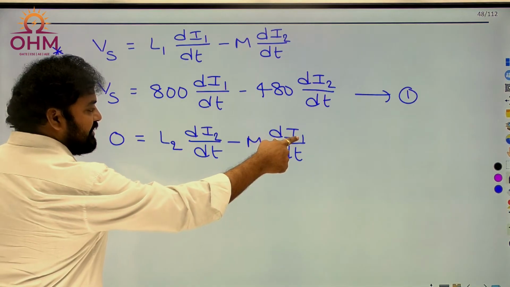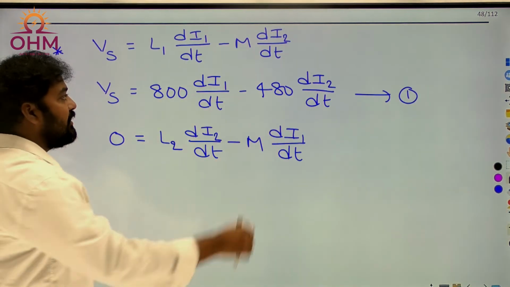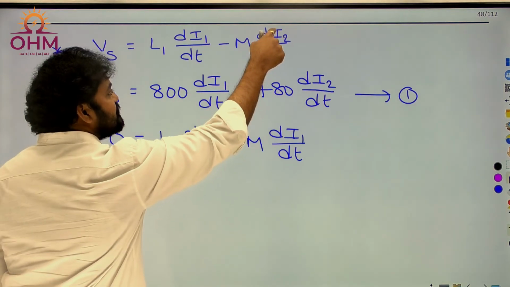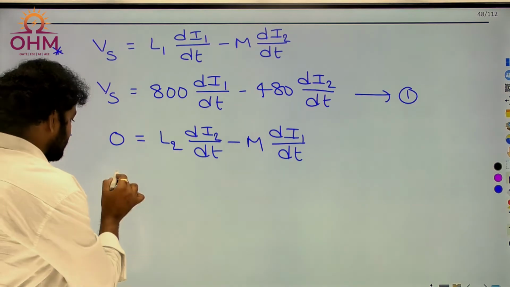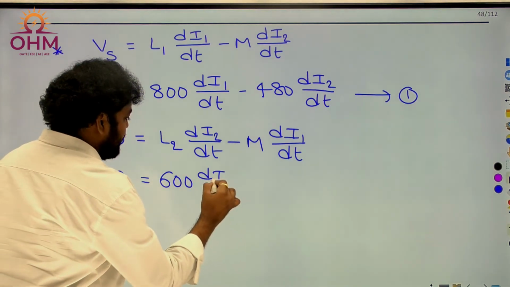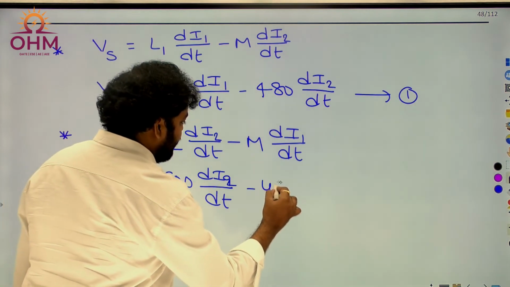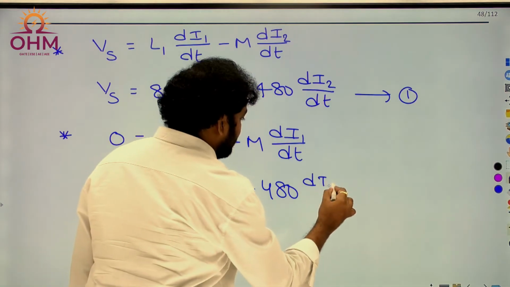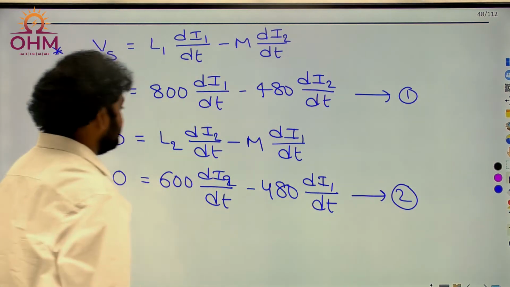This is the current passing through the first winding, but voltage is induced in the second winding. Here, this is the current passing through the second winding, but voltage is induced in the first winding. Okay, so 0 is equal to, what is L2 given? 600 millihenries into di2 by dt minus 480 millihenries into di1 by dt. This is equation number 2.